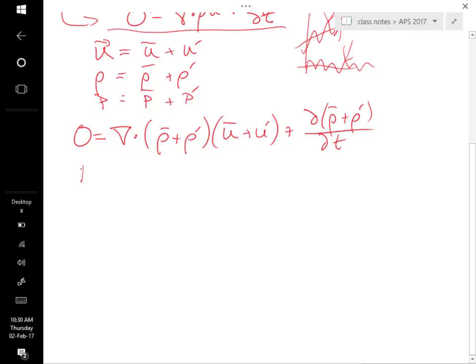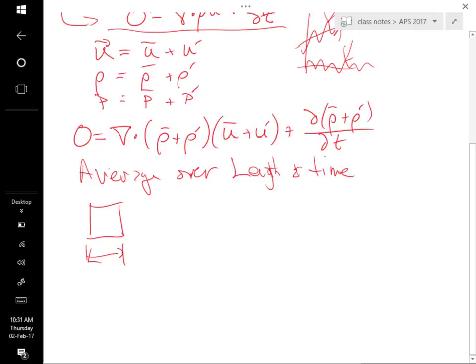So the next step is we're going to average over length and time. Okay, so we've got some length scale like that, and we've got these vortices that are swirling around, and we're just going to take an average value over that length and just have a uniform value here.